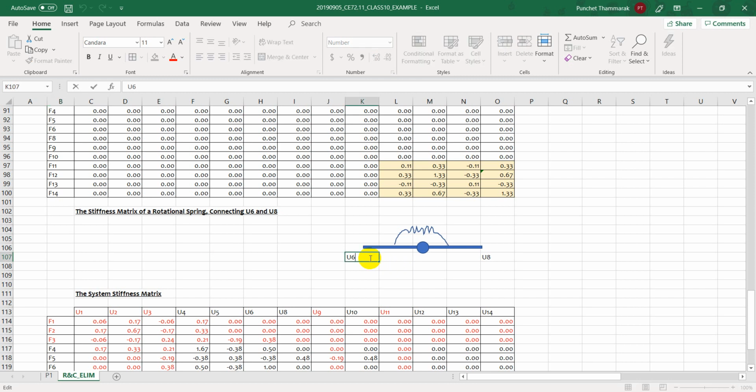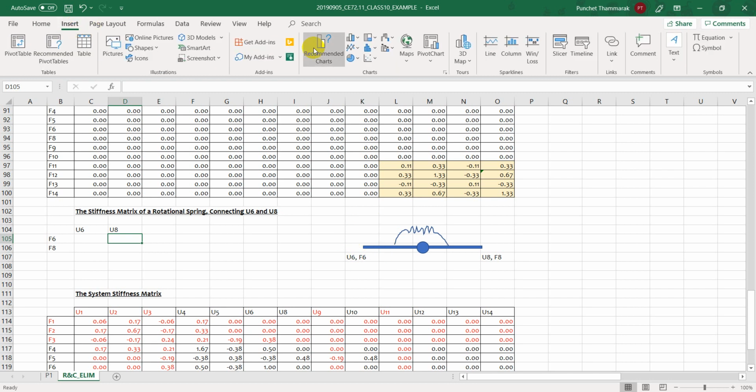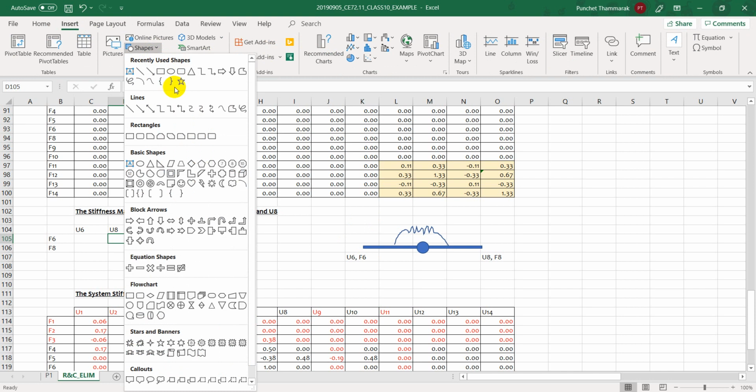Here, if you have U6, you're going to have F6. F6 is the moment quantity, but I don't want to write it down as M6. F6 and F8, U6 and U8. So if you apply a rotation U6 over here, let me see if I have.